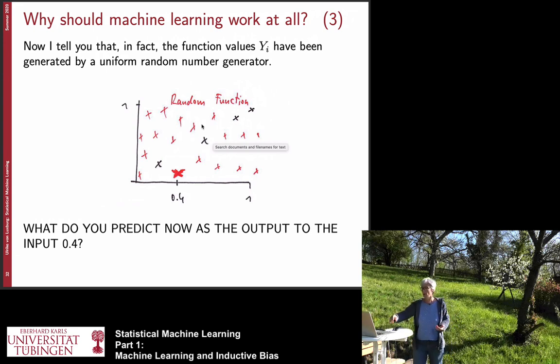And if I now would ask you, what is your prediction at point 0.4? You would probably say, well, in fact, I don't know. It could be anything between 0 and 1. And I have no particular reason that it should be 0.4, for example. It could be anything else as well. So here's the insight. If you don't have any pattern that connects the input to the output value, you won't be able to predict anything.